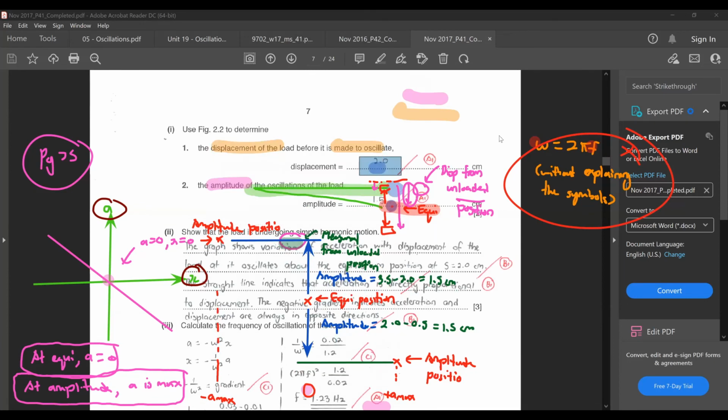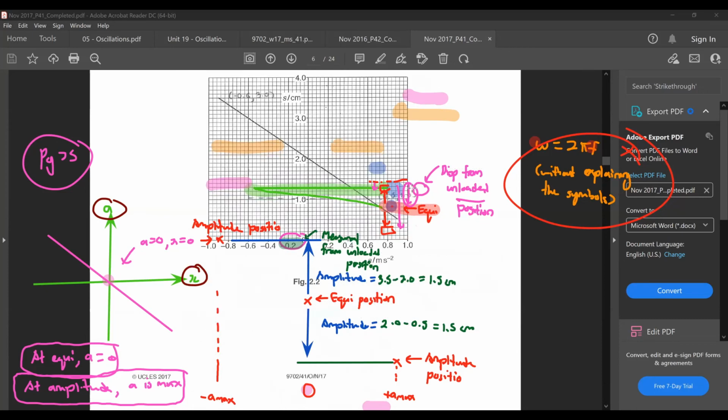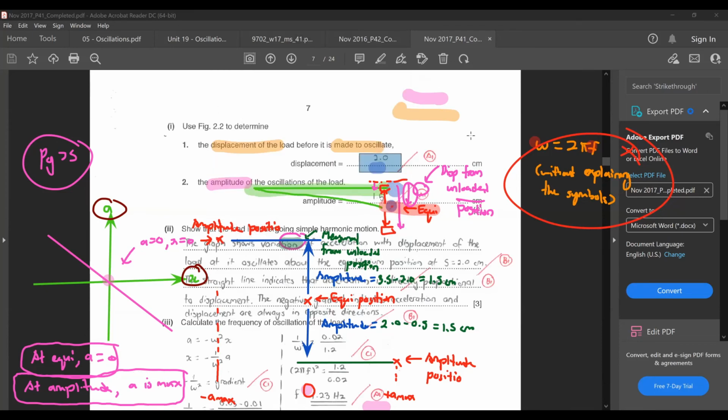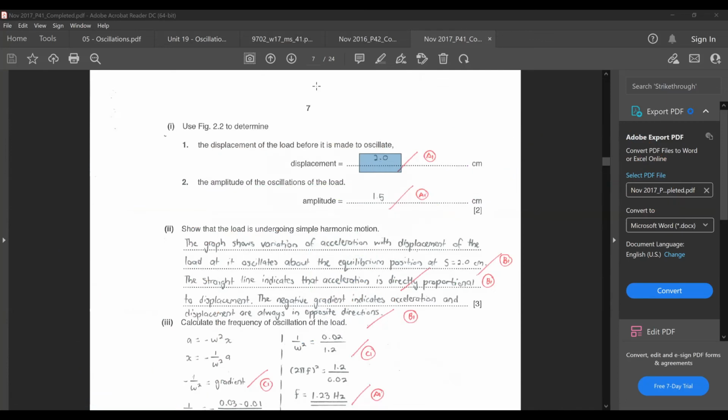Then we move on to the other part. Let me just clear off the drawing again. Now, show that the load is actually undergoing simple harmonic motion. How do I know that your load is undergoing simple harmonic motion?